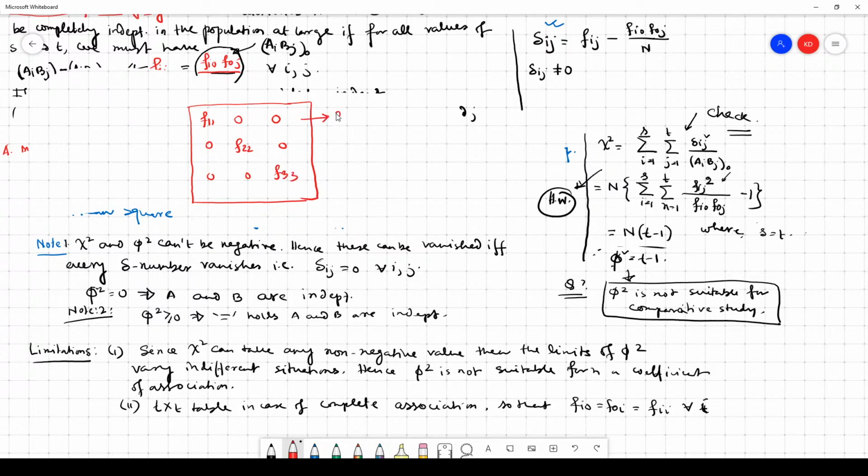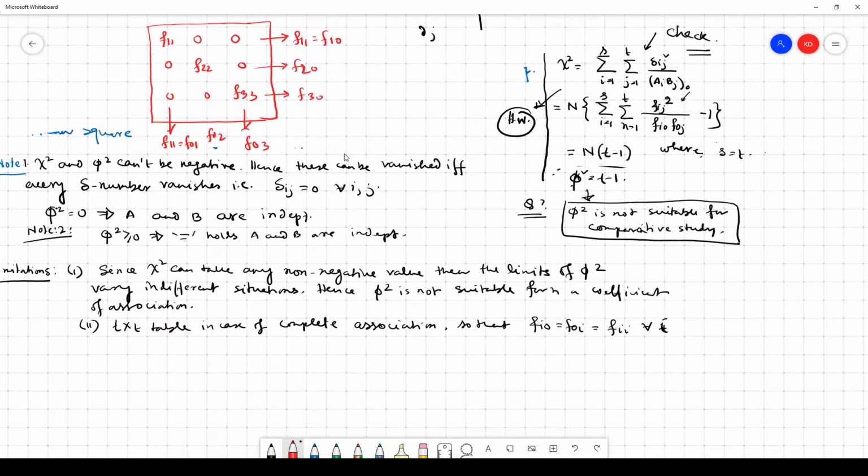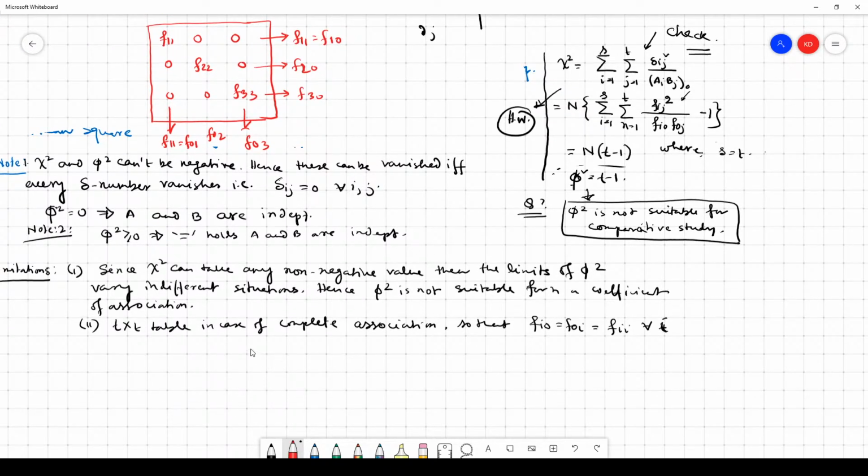So, this is f11, this means f1 naught. Similarly, if we add this, we get f11, which is f01. Similarly, this is f02, nothing but f22. This is f2 naught, which is again f22, and f3 naught, because of diagonal elements being non-zero. So in case of complete association, this thing is happening. So hence, for a t cross t table, in case of complete association, I just consider this part.